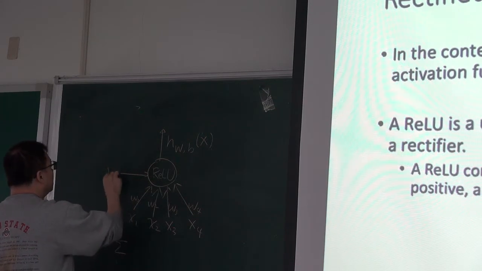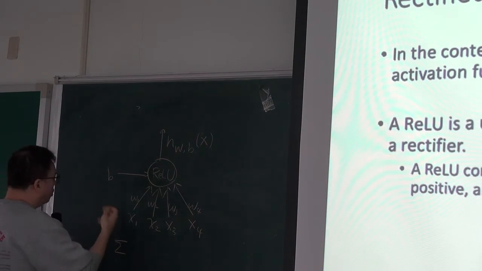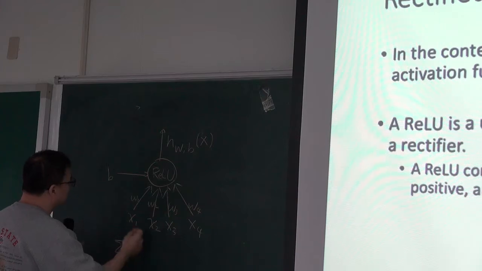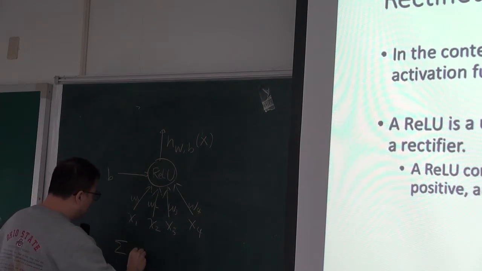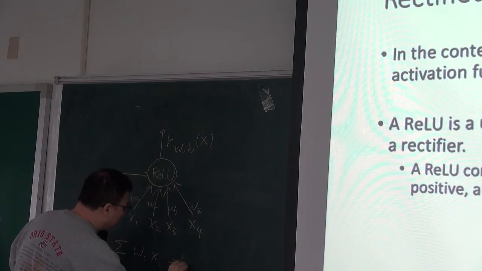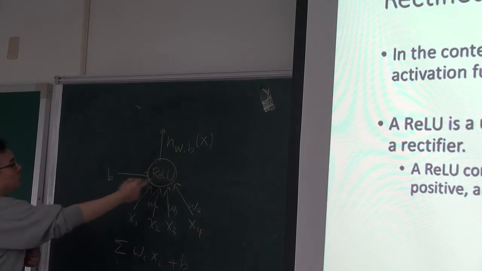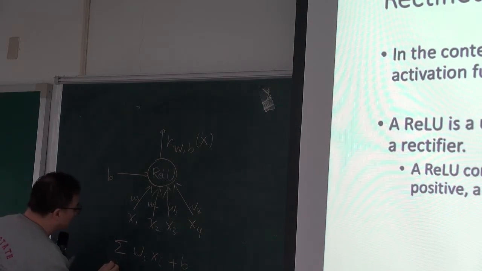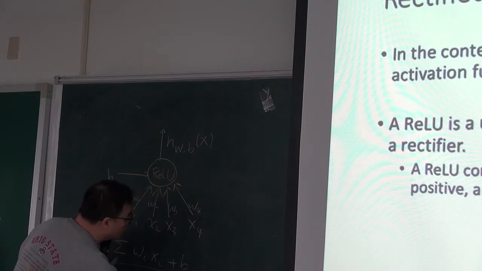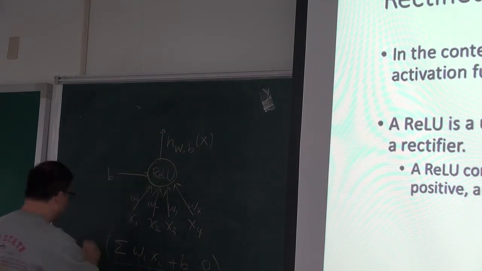This is B, this is the bias. So it's going to be something like the sum of Wi xi plus b. That's the result, the ReLU. And as I said, if the value is smaller than 0, it's going to be 0. If it's greater than 0, it's going to be this value, so it's going to be max.